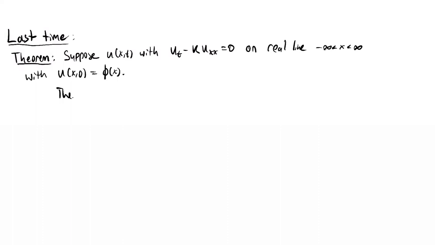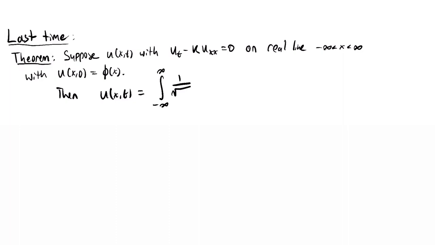Then we had the solution formula, which took a while to obtain, which is I can write u of x,t as an integral from minus infinity to infinity of a certain special function, which is some kind of exponential with a quadratic term multiplied by a constant that depends on t also.